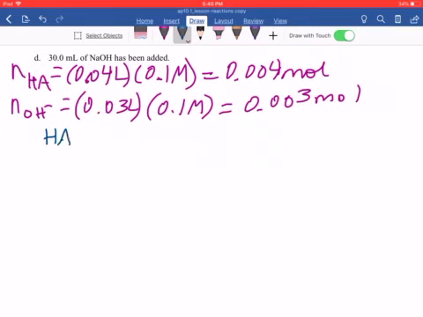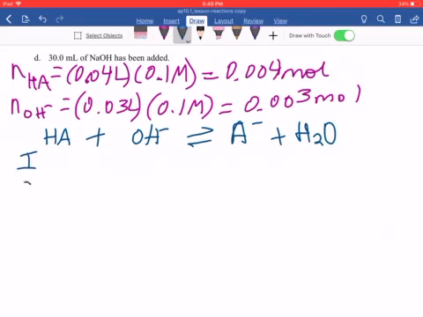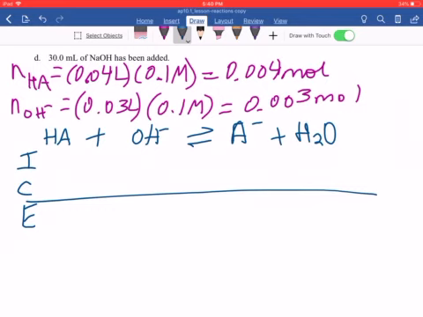All right, next step, set up our ice table. We have the same equation: acetic acid, hydroxide, acetate, and water. We're going to plug in our moles, so we need to make sure we divide by the total amount of liters at the end to get back to concentrations. So we have 0.004 moles of acetic acid, 0.003 moles of hydroxide, cross out water, 0 initially of acetate.